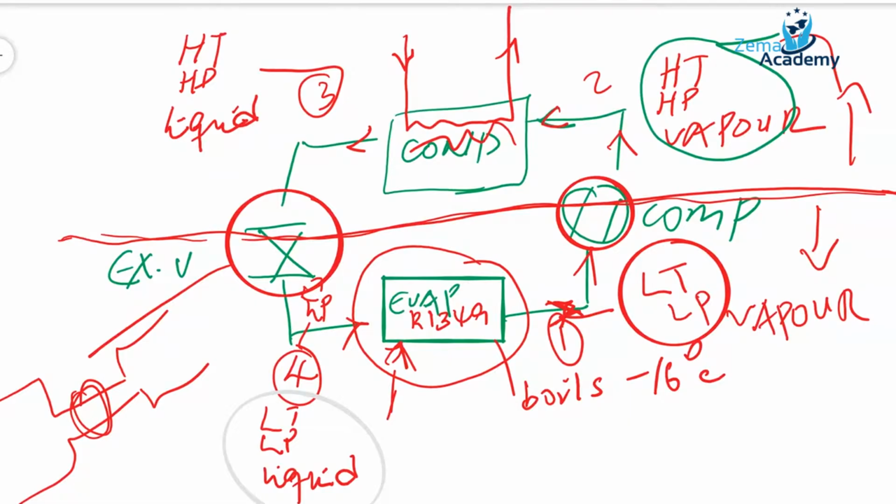And we will look at them as we go along, how evaporating and condensing pressures also affect the performance of any system. And by monitoring and controlling the pressure of systems, you can play around with the performance of the system. So that's generally how a vapor compression system operates.